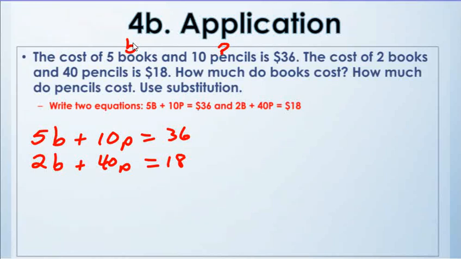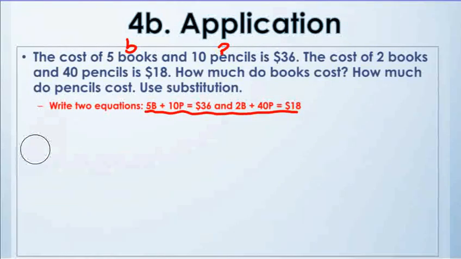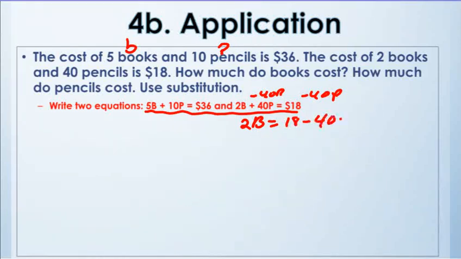And so now we need to solve for a variable. And just to save some space, since I already have it written here, let's solve for B on this one. So we're going to subtract 40P on both sides. So now I have 2B equals 18 minus 40P, divided by 2.